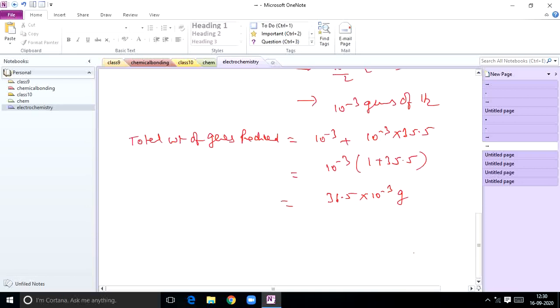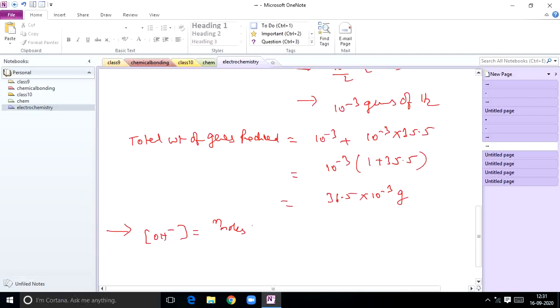Next, second one, what is he asking? He is asking to calculate concentration of OH minus ions. So you know, a direct formula you can apply, molarity is equal to number of moles by volume.